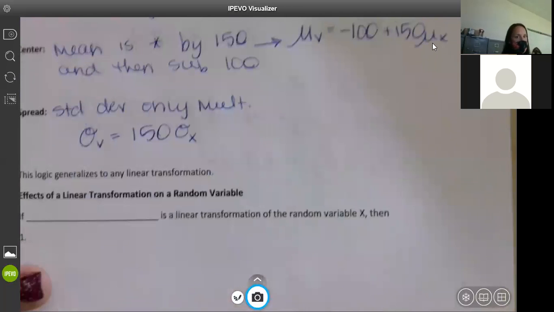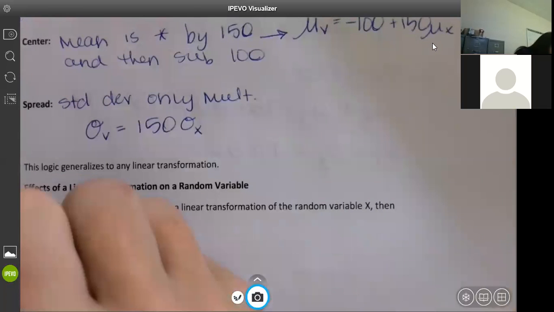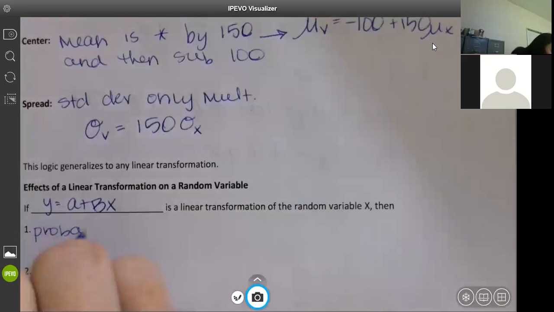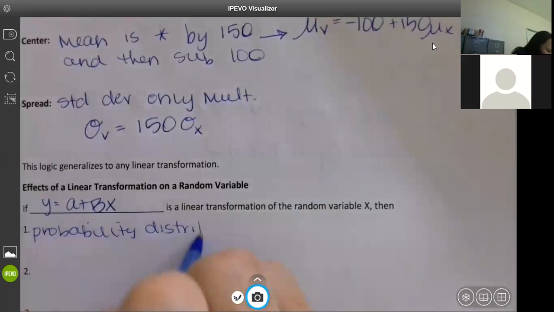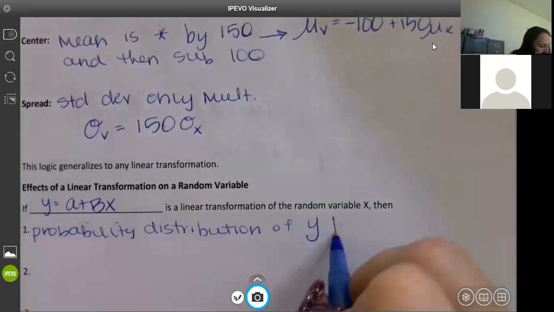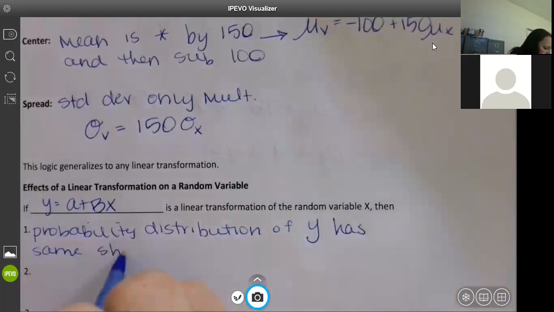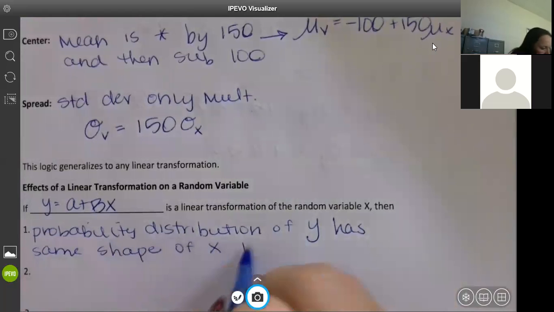All right. Effects of a linear transformation on a random variable. If Y equals A plus BX is a linear transformation of the random variable X, then the probability distribution of Y has the same shape as X if B is positive.